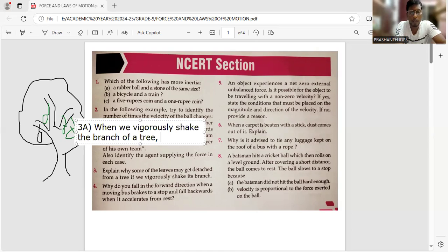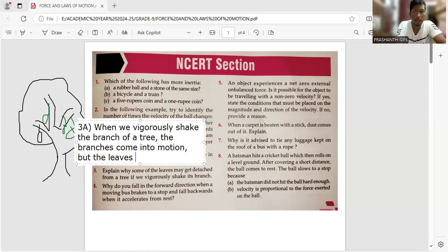So the branches of a tree come into motion, but the leaves tend to remain at rest. Why? Due to inertia.